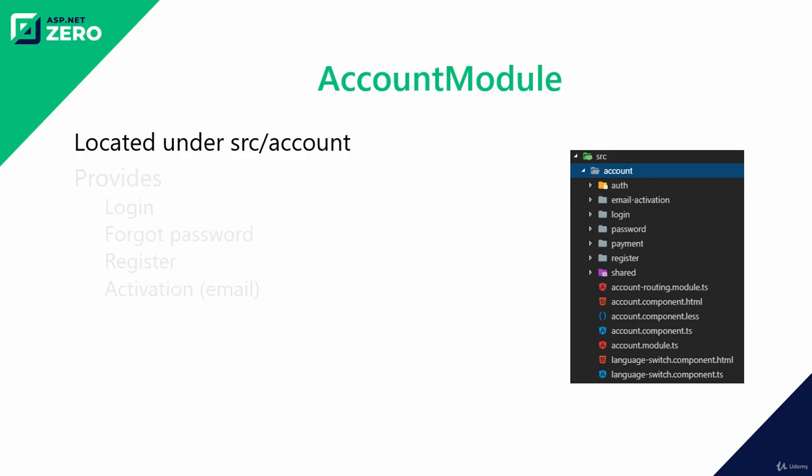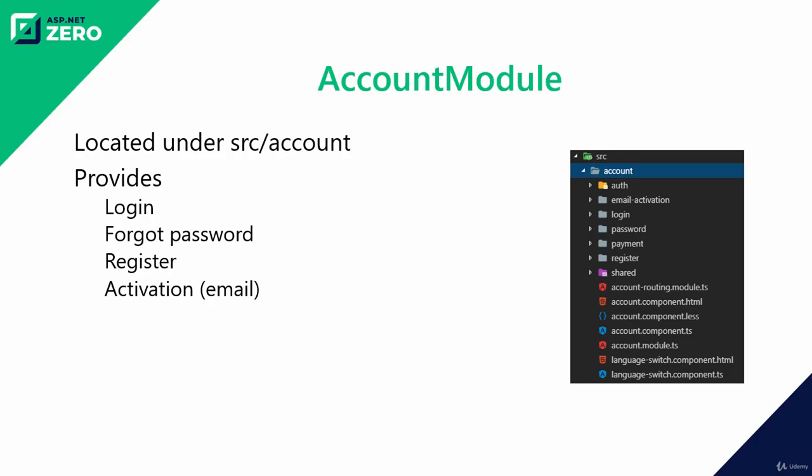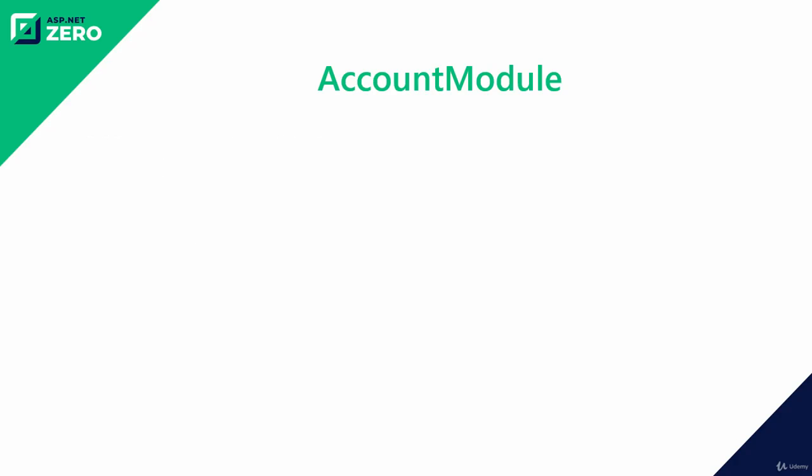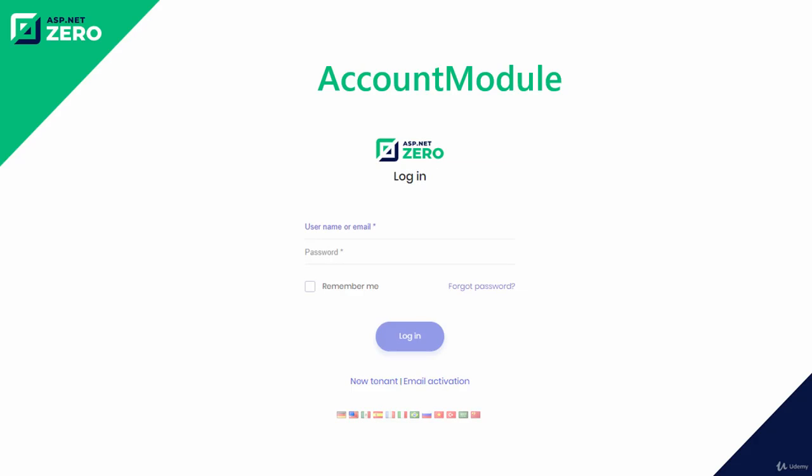And in the account routing module, you'll find the different routes for the subcomponents. In this module, you'll find several pages and components which will give you application account functionality, including login, registration, forgot password, and email activation. The default built-in UI that comes with ASP.NET Zero already looks very nice. Here you can see an example of the login component.